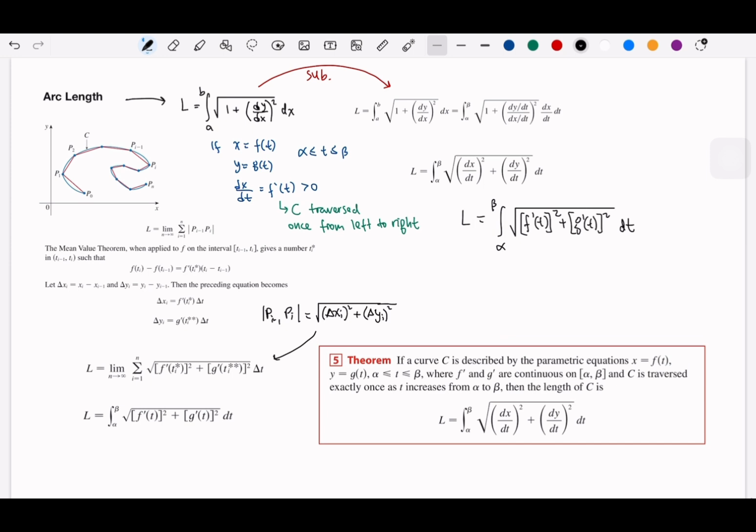If you may be confused on what happened here, you can focus here, which we have the conclusions and all the assumptions that I have previously mentioned, which describe the parametric equations, and then the first derivatives need to be continuous on the interval, and then the curve itself is traversed exactly once. So again, no loop within this assumption.